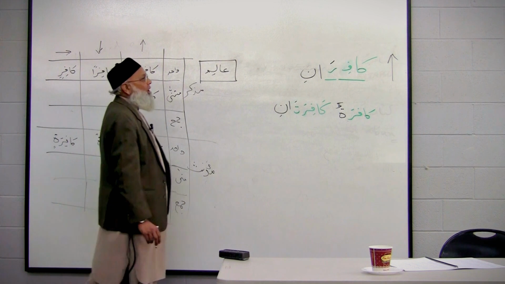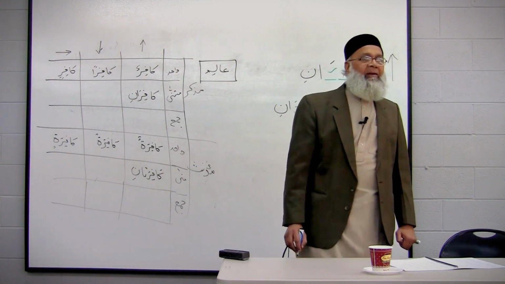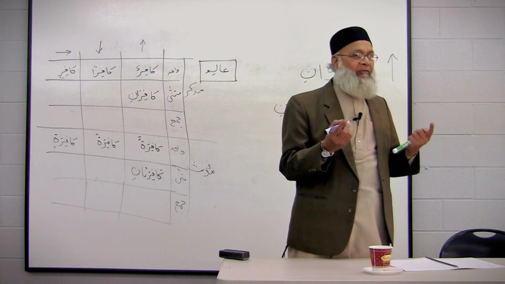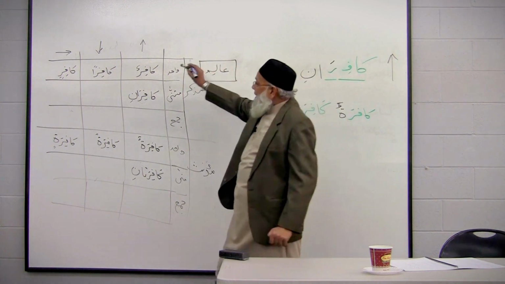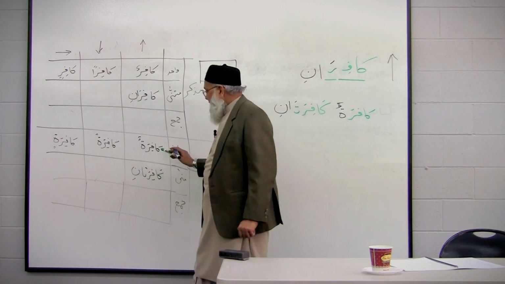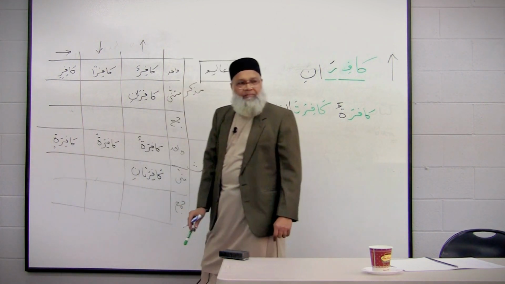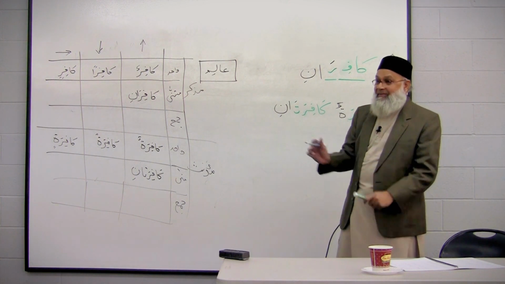So this was how to form a musanna in rafa form. We have got only two musanna forms in rafa, and that we have filled up. Singular we have already filled up. Kafirun, kafiran, kafirin. Kafiratun, kafiratan, kafiratin. You know, a single word is indicative of three things.